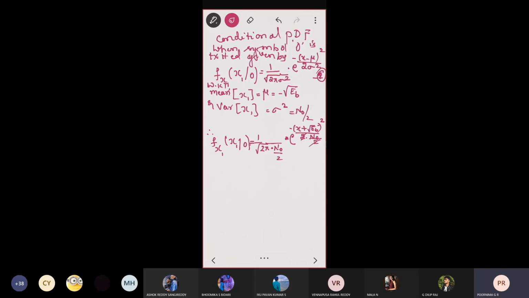The 2s cancel out. So f of x1 given 0 transmission is equal to 1 by root pi N0.